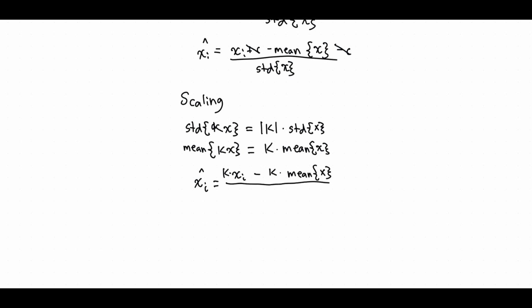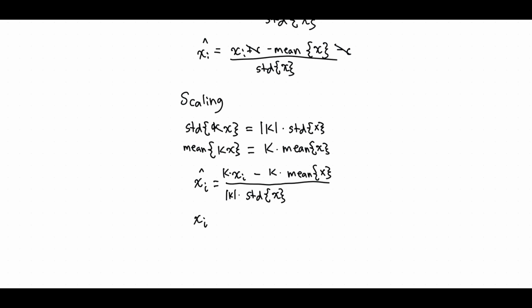But that's going to just be equal to, as we said above, standard deviation of x times the absolute value of k. So we're seeing a lot of k's on the numerator and k's on the denominator. Let's see if we can try pulling any of these out.